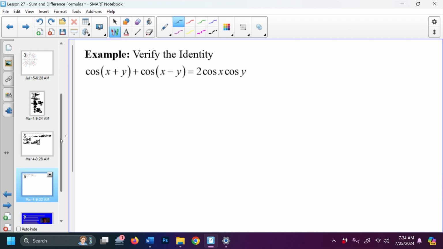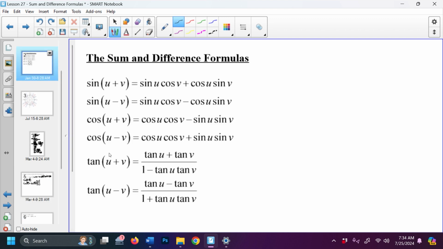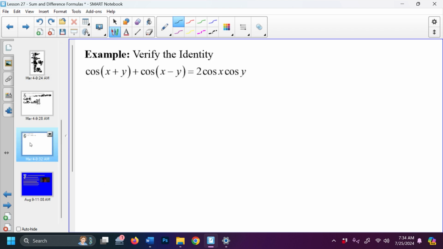So again, if we look back up here for the sum of a cosine, it's cosine u cosine v minus sine u sine v. And then cosine u minus v is cosine u cosine v plus sine u sine v. So it's very easy to see that when I substitute in, I'm going to get these two terms that cancel out. So actually, it turns out to be pretty easy.